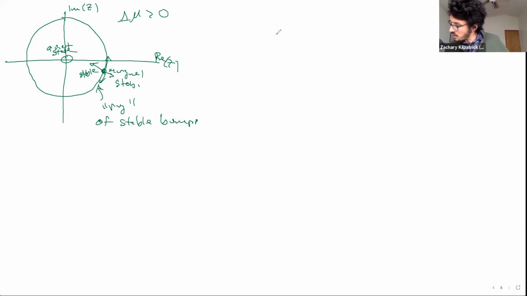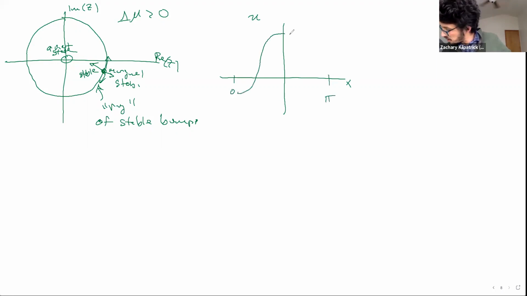So if I draw this out, right, u as a function of x, I'm going to take this to be 0 and this to be pi here. And I have a bump here, and I can shift it left or right, and it's marginally stable, right? This peak here represents this theta, okay? That would be the angle of that z variable, right?